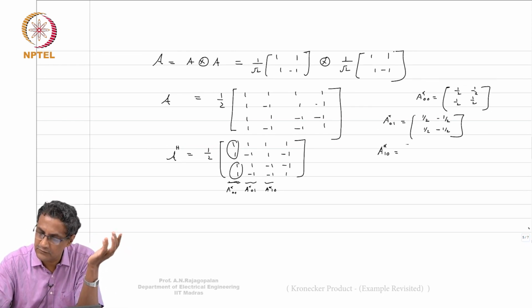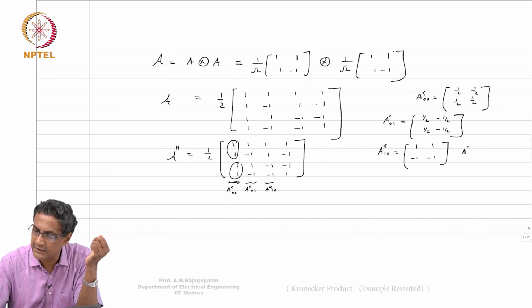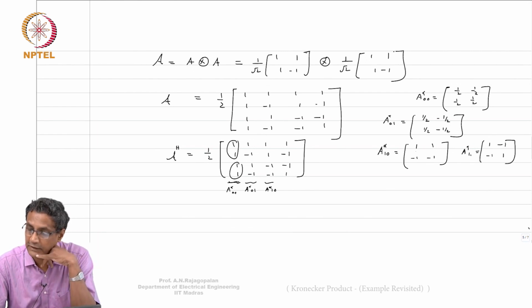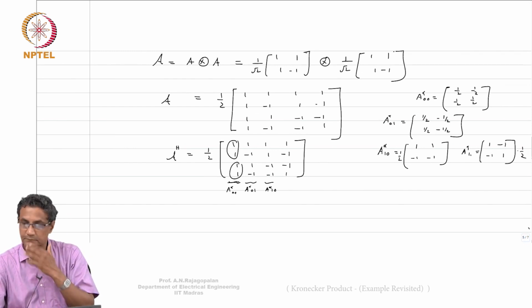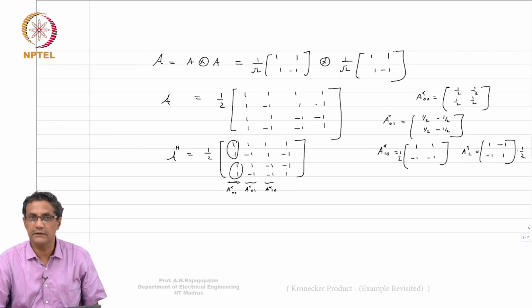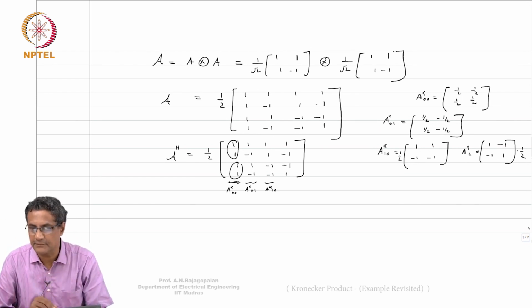A star 1 0 is 1, 1, minus 1, minus 1, and then you have A star 1 1, which is of course 1, minus 1, minus 1, 1. Sorry, 1 by 2 has to be there, multiplied by a half. So all this should be exactly the same as what it was there.